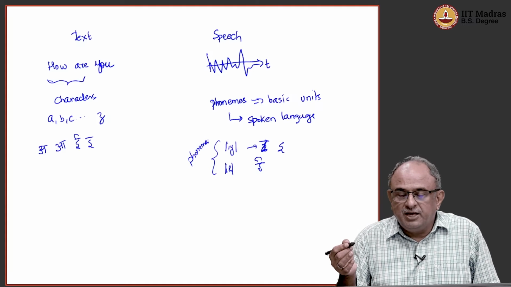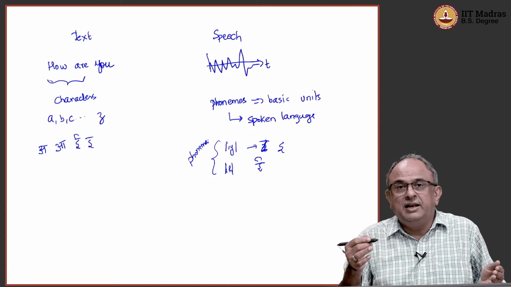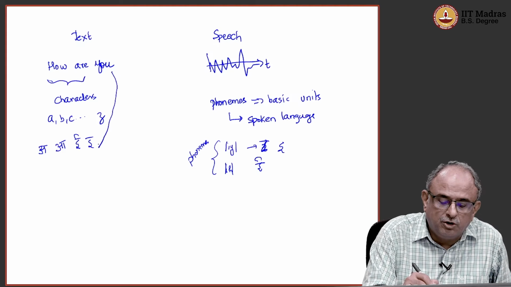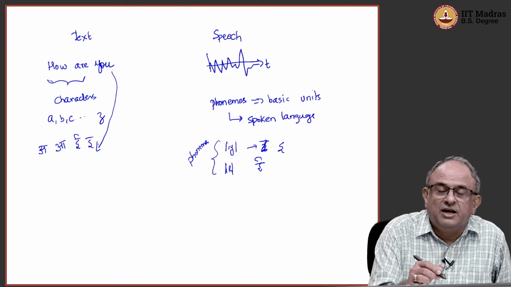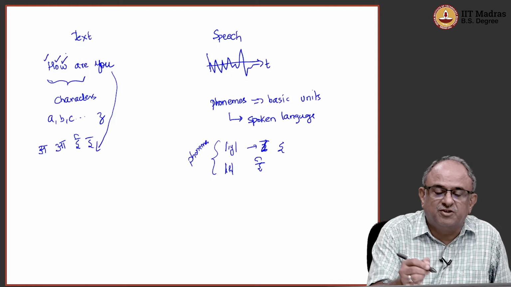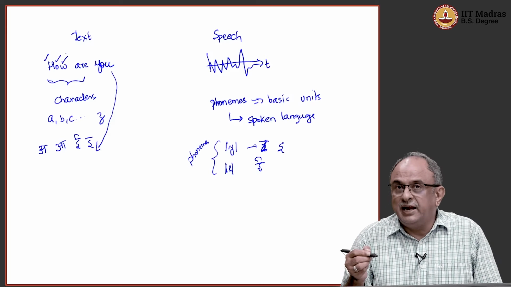And therefore, we need a lexicon. If you looked at the handwriting and you wanted to convert it to an editable text, you would try to find out what is this character, what is this character, what is this character, and create an editable text.